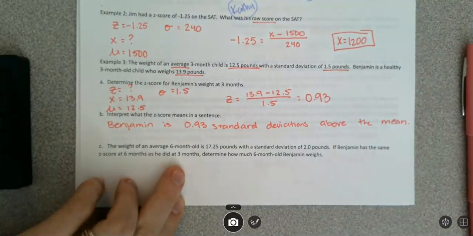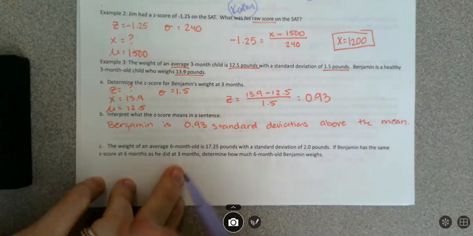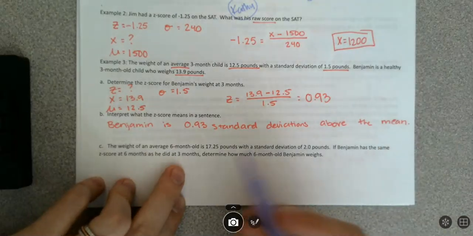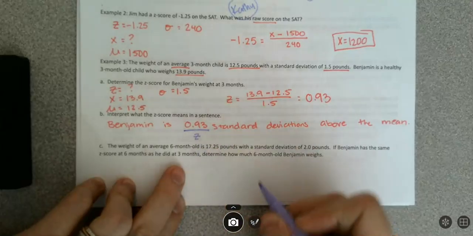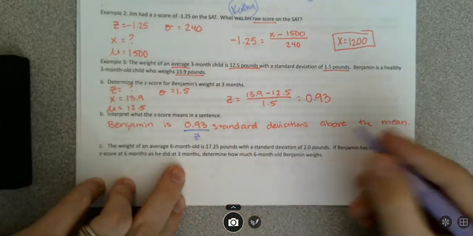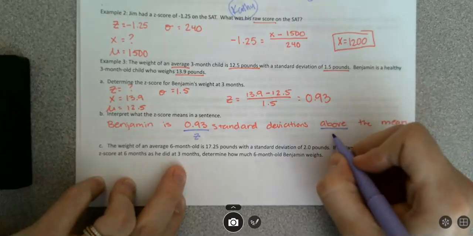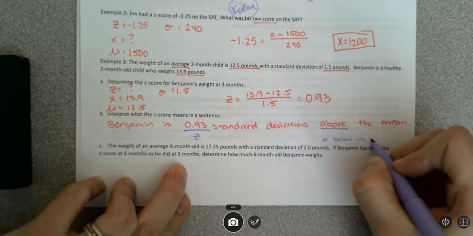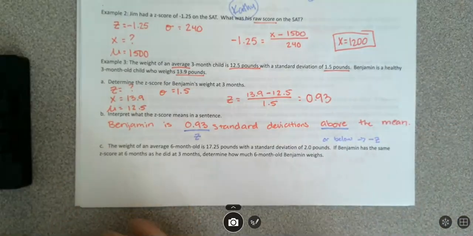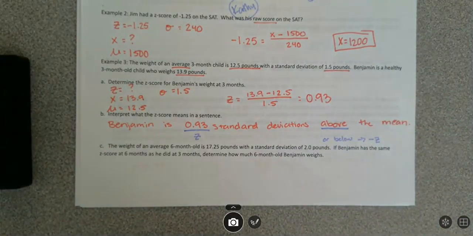Okay, so the cool thing about this sentence is that it's not really going to change regardless of the context. So you're always going to have your z-score here, and it's always going to be standard deviations. And then this word is either going to be above or below. It'll be below if your z-score is negative. Okay, so it doesn't really change.